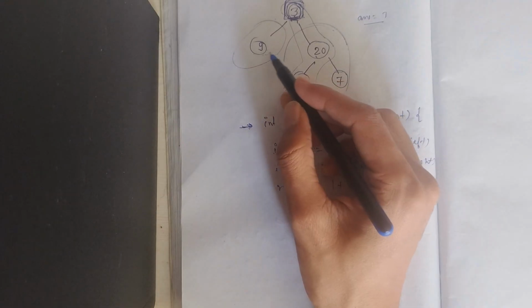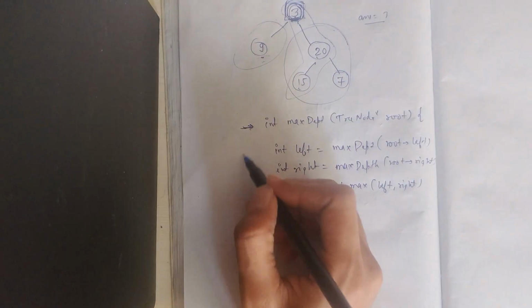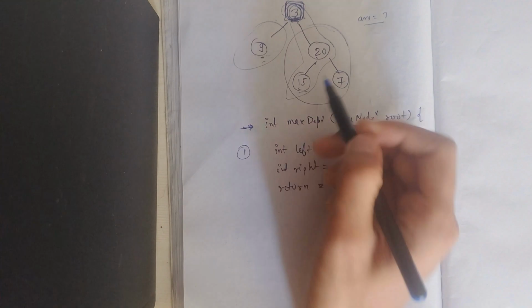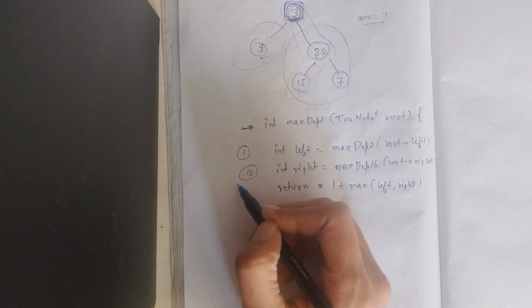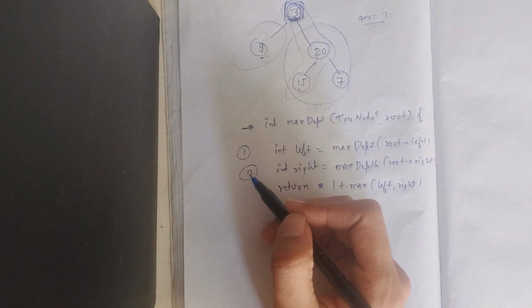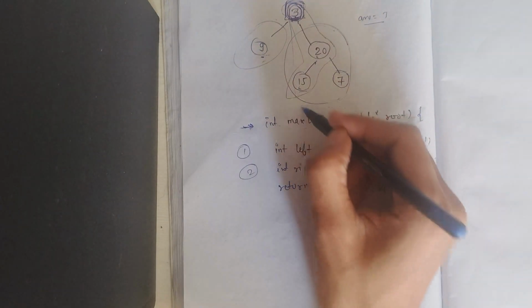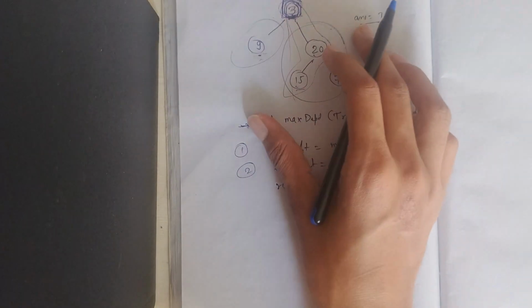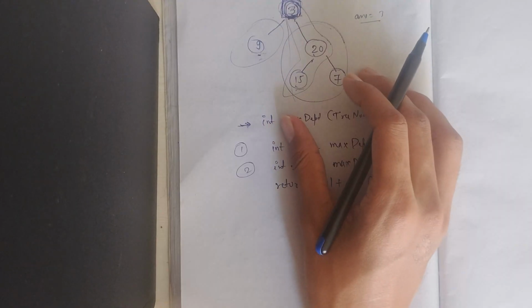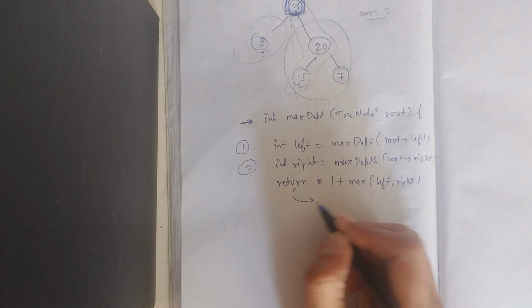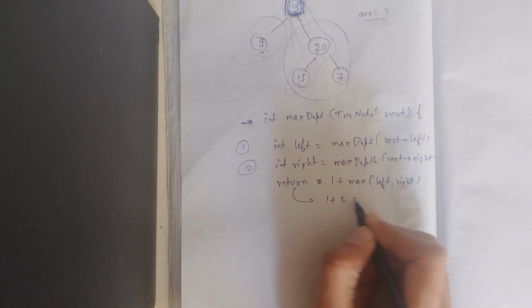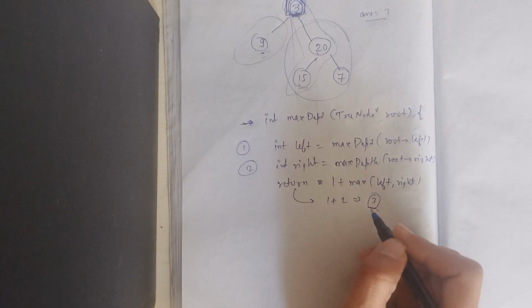From left we get 1 and from right we got 2, so the maximum depth will be from right. So it will return 1 plus 2. 3 will be the maximum depth.